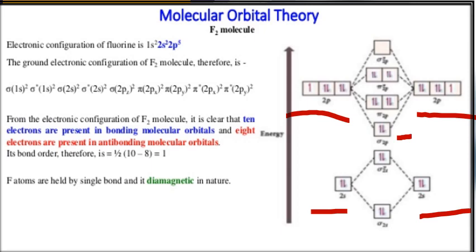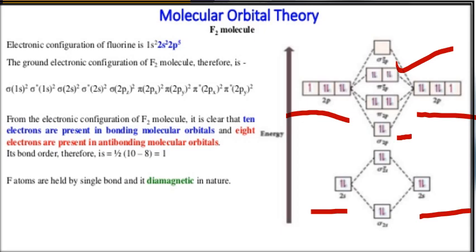Then we have the anti-bonding molecular orbitals, higher than the bonding molecular orbitals of pi type. We still have 4 electrons to be accommodated, as the 2 degenerate orbitals are available. So each orbital will hold 2 electrons. Pi star 2py and pi star 2pz will each hold 2 electrons, and sigma star 2px will stay empty.